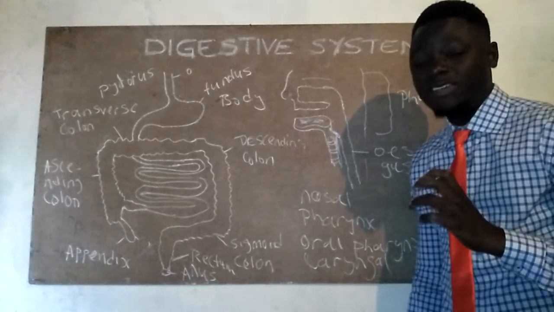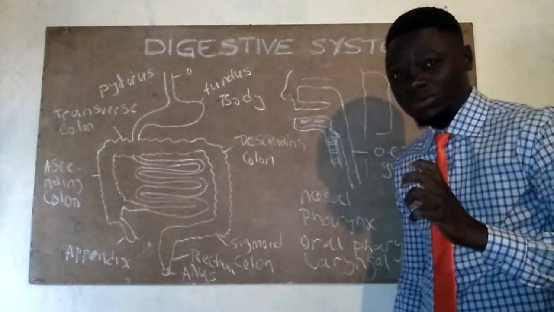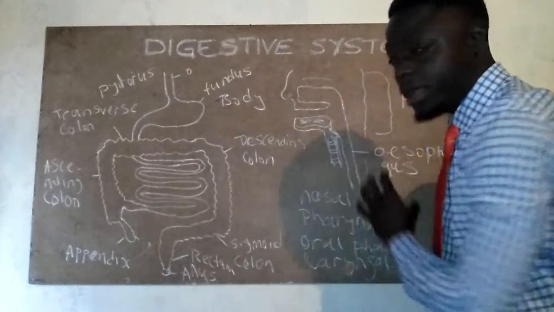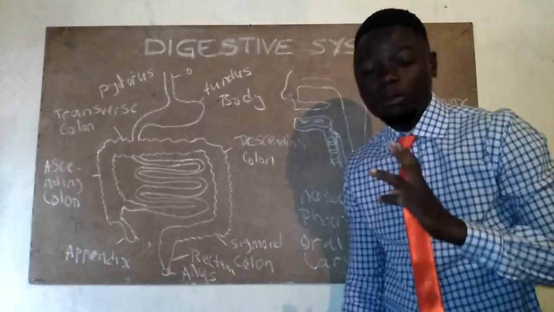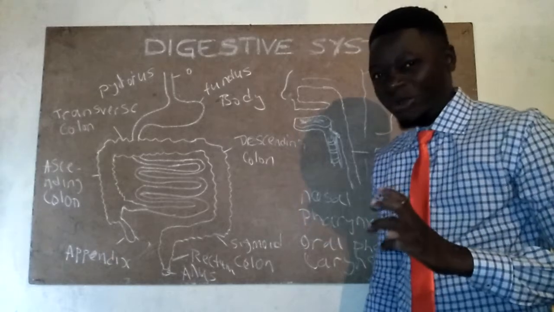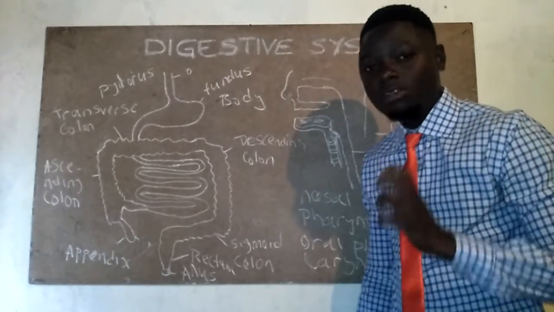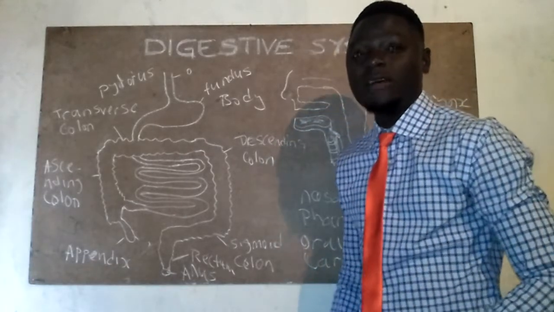We'll start with the accessory organs. The accessory organs of the digestive system are the organs which are not part of the alimentary canal, but they play a part in the digestive process, for this process to be completed and coordinated in the way that it is physiologically coordinated. And the first part that we are going to start with is the teeth.